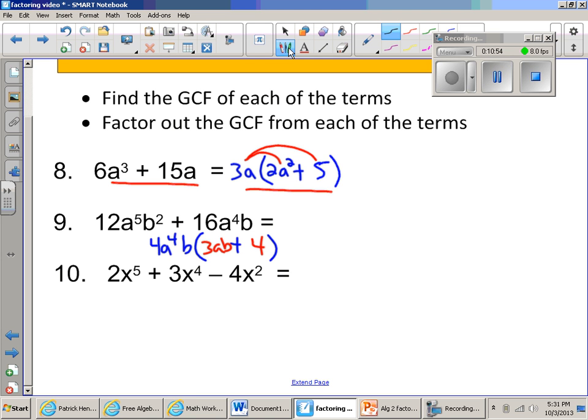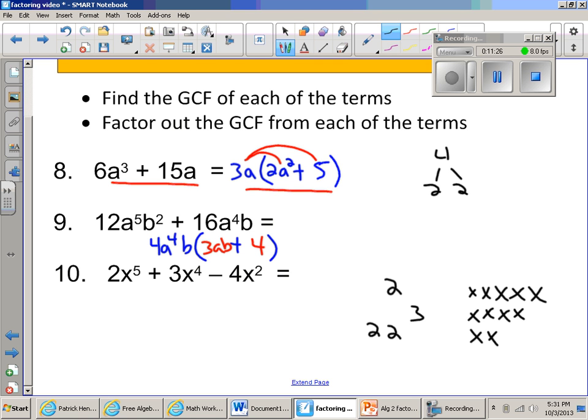Notice 2 is prime, so it's just going to be 2 and then 5 x's. 3 is prime, that's 3, and I have 4 x's. And 4 is not prime. I'm going to make it 2 times 2, and I'm going to put the 2 underneath, and have 2 x's.